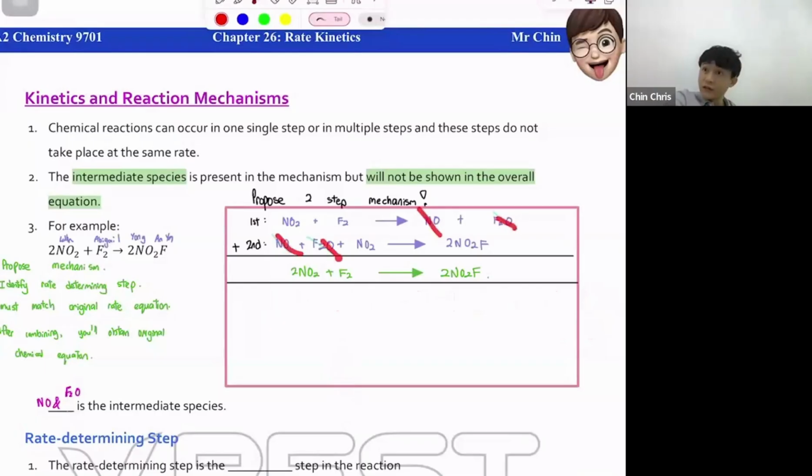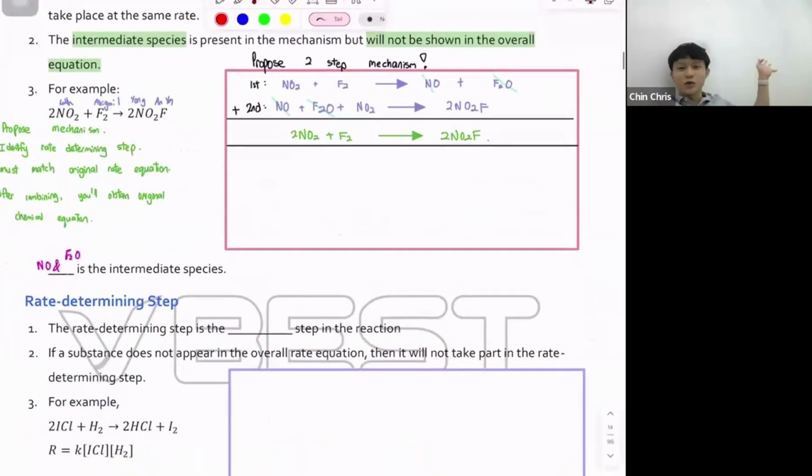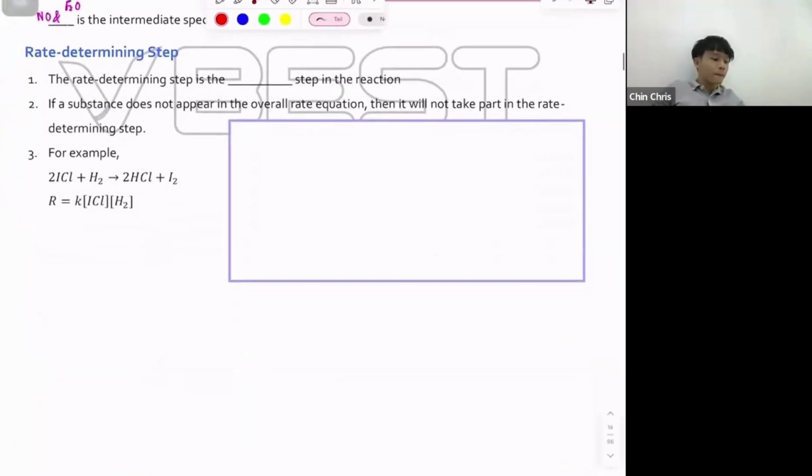Intermediates must cross out. When you add them up, if it's the same, then it's correct already. In between, do your BS. That's the only part that you can BS. Imagination is why your answer and my answer might not be the same, which doesn't mean that you're wrong. You just have to check whether it's right or wrong.